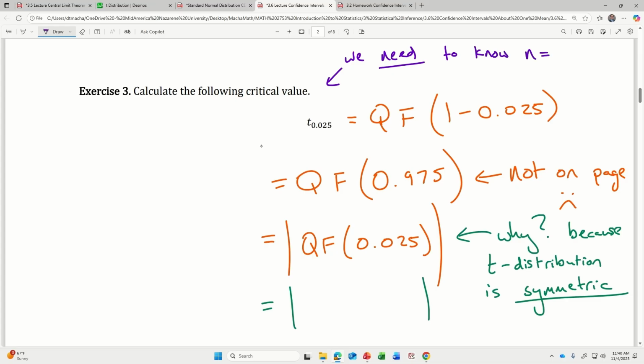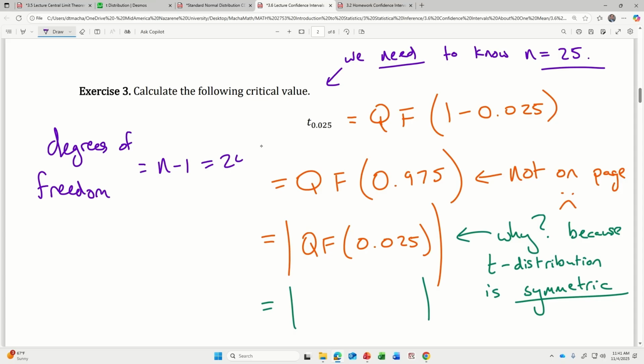And let's just say n is equal to 25. So then my degrees of freedom are going to be the sample size minus 1, which is going to be 24. So now let's look at the t distribution with 24 degrees of freedom at 0.025.